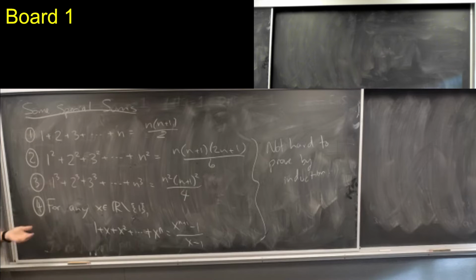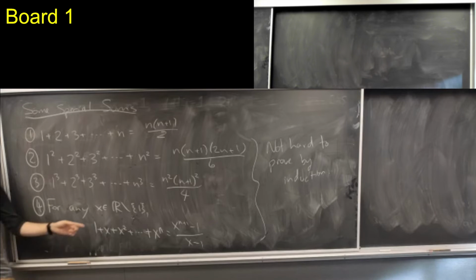For now, let's just treat these as things that we memorize. But like I said, you can easily prove these by induction. The proof is very much the same as what we just did for the sum of the odd numbers. It's the same proof, basically.